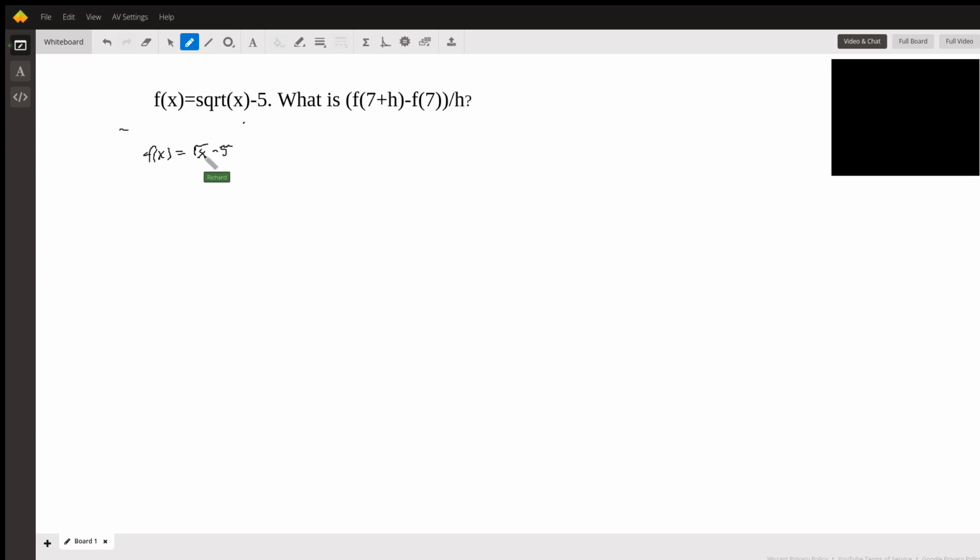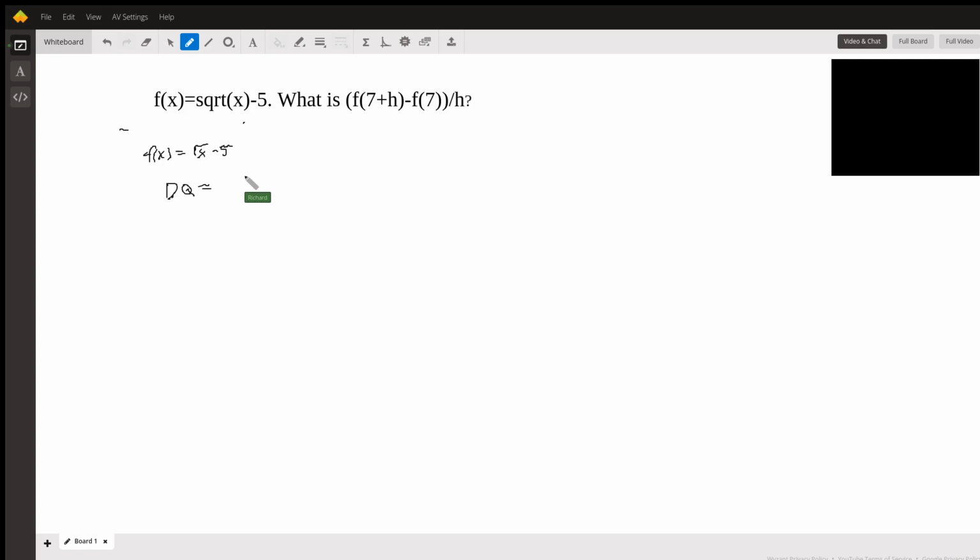So we replace the x here with 7 plus h, and we're going to get the difference quotient. So I'll just call it the difference quotient, dq, for now. We'll get into this in more depth in a minute.